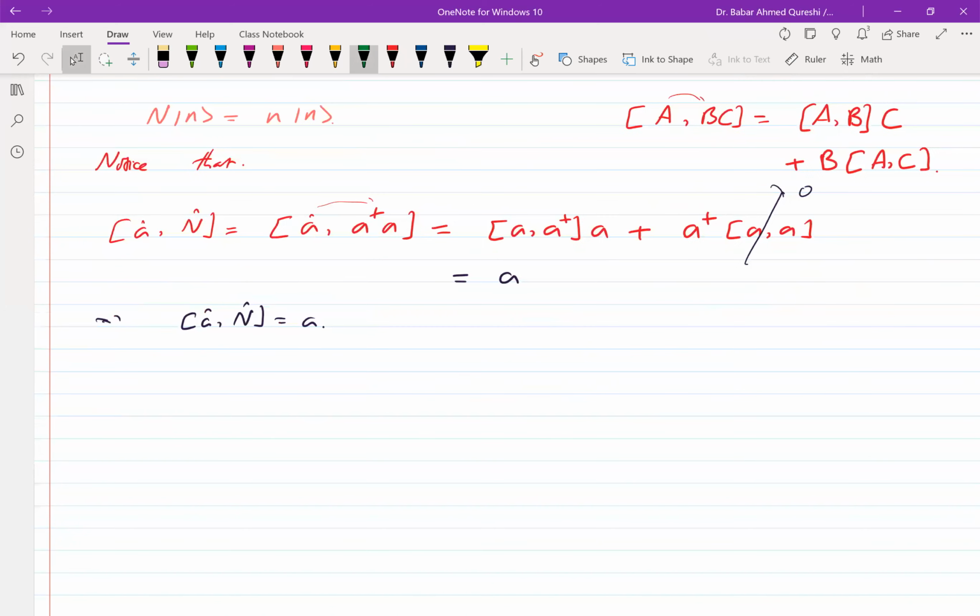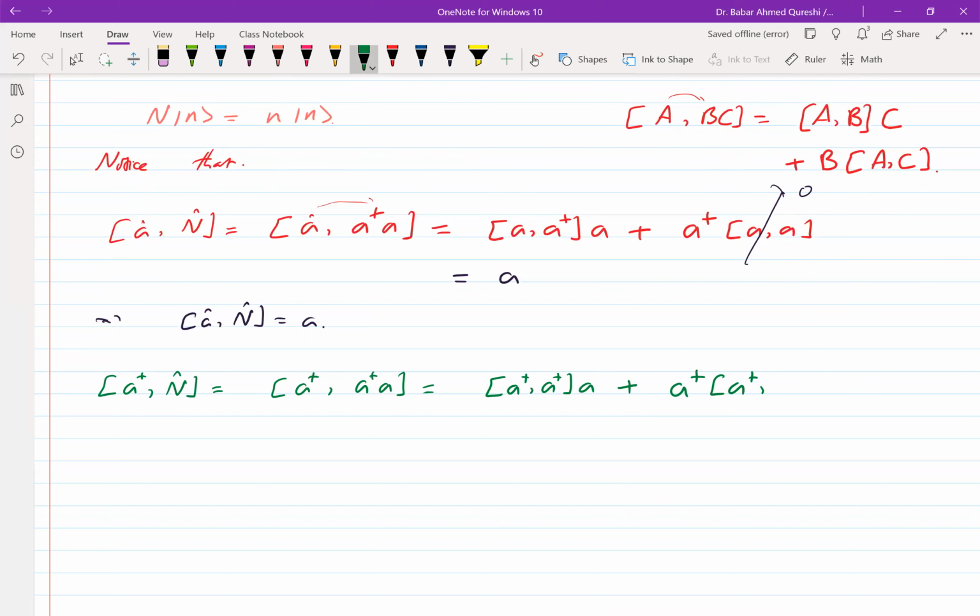While if I do the same thing with A dagger, that gives me A dagger with A dagger, A outside, plus A dagger comes here, A dagger differentiates A. So this is 0. And since it's the reverse order, this is minus 1. So A dagger with n is minus A dagger.